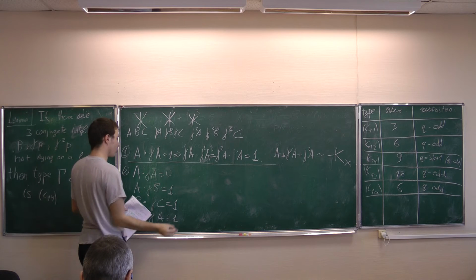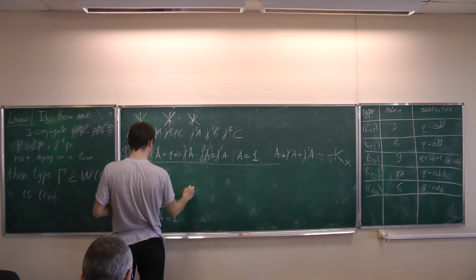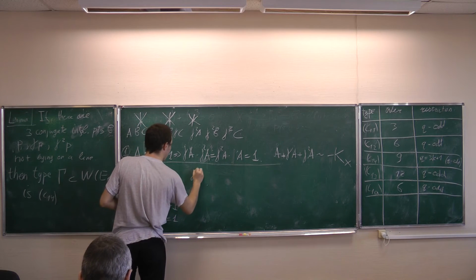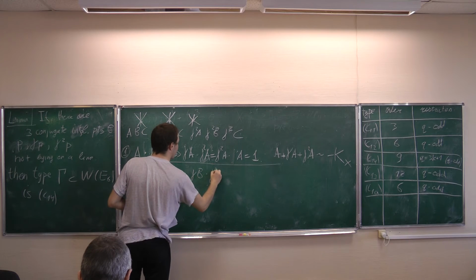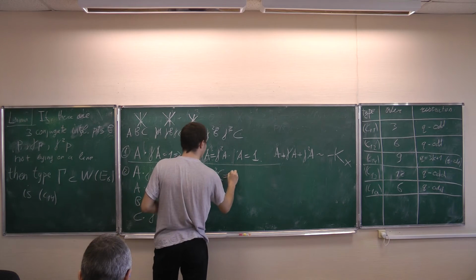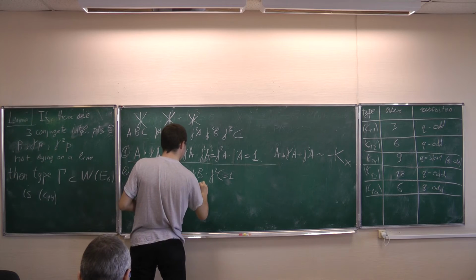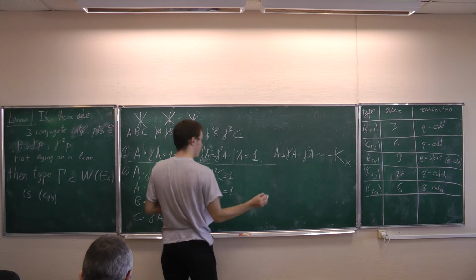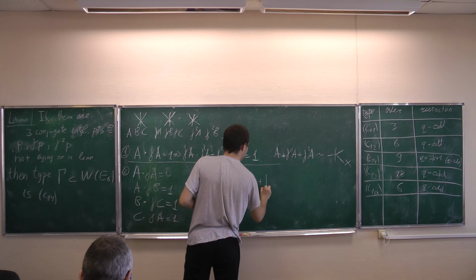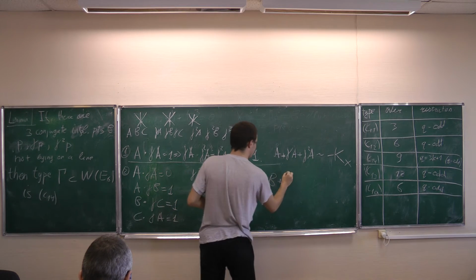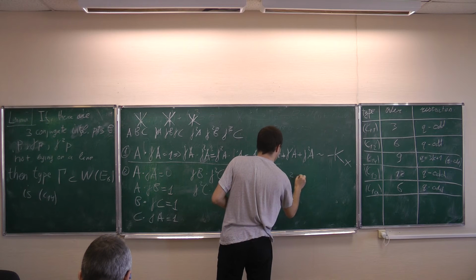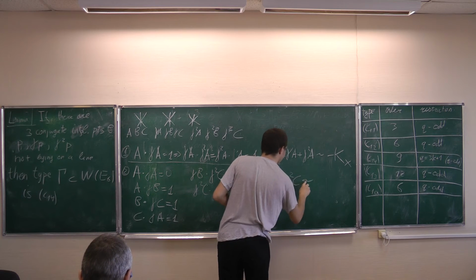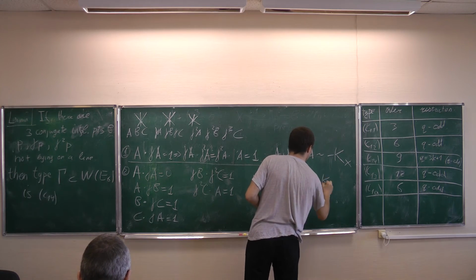But now we have that gamma B intersects with gamma square C, and also gamma square C intersects with A. So in this case we have the same. We have that 3 minus 1 curves lie in one hyperplane section.